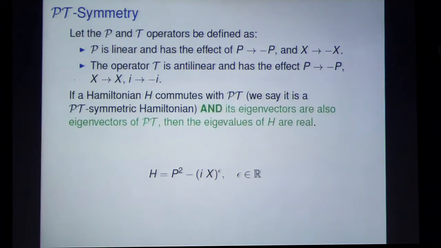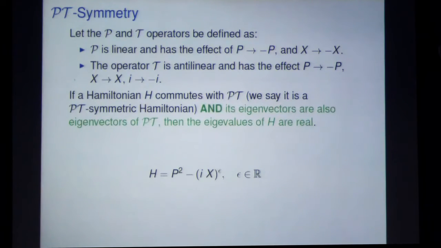Calligraphic P sends P to negative P, the momentum to negative momentum, and X to negative X. There is another operator T, which is antilinear and has the following effect: P goes to negative P, X goes to X, and the imaginary unit to negative I.